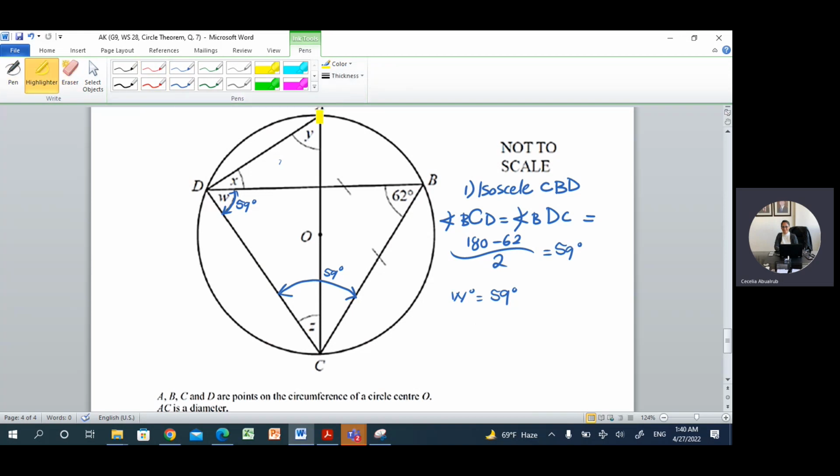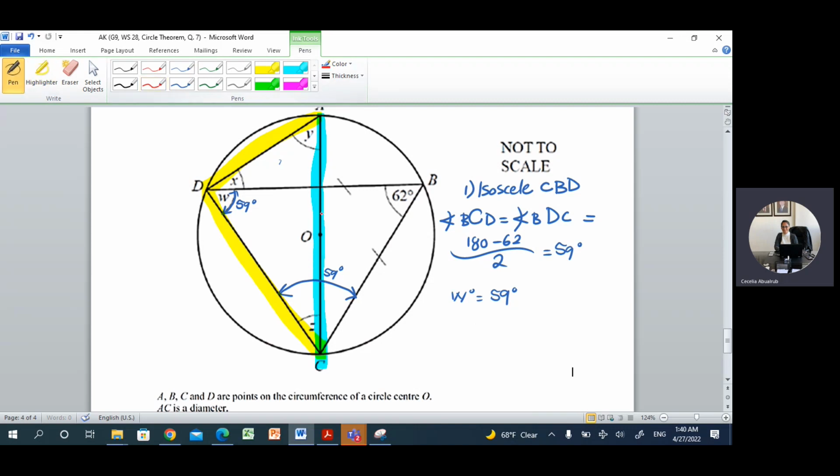Can you see this circumference angle ADC, and this center angle, which is 180?